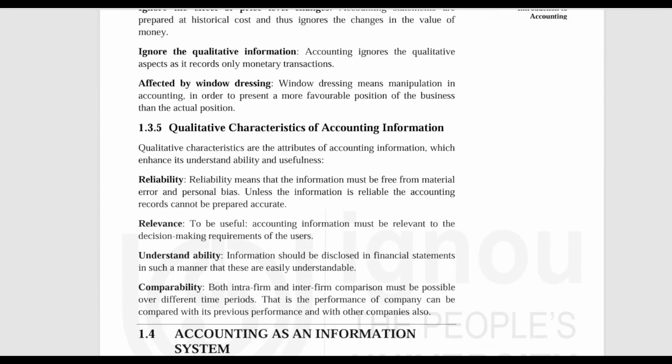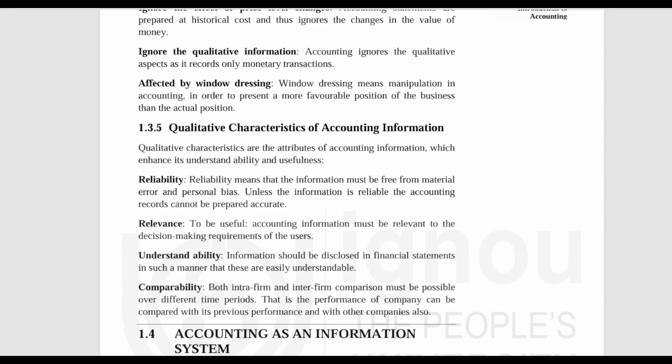And the qualitative characteristics of accounting information. What are the qualitative characteristics? One is reliability, and the next is relevance, understandability, and comparability. Reliability means that the information must be free from material error and personal bias. Relevance: to be useful, accounting information must be relevant to the decision making requirement of the users.